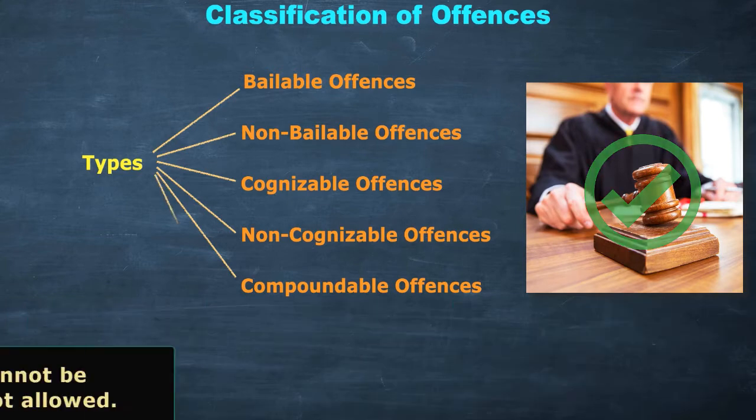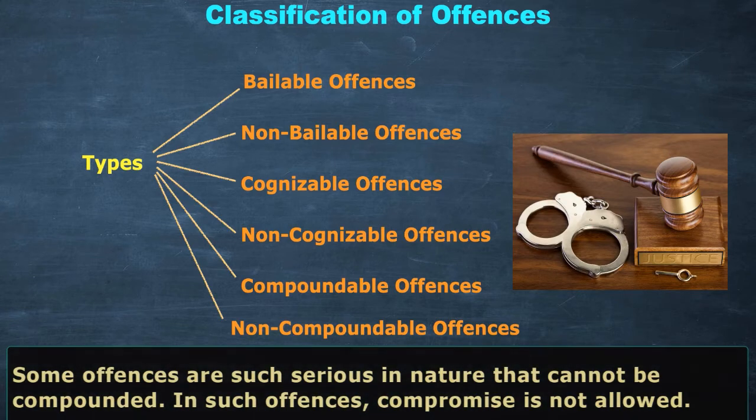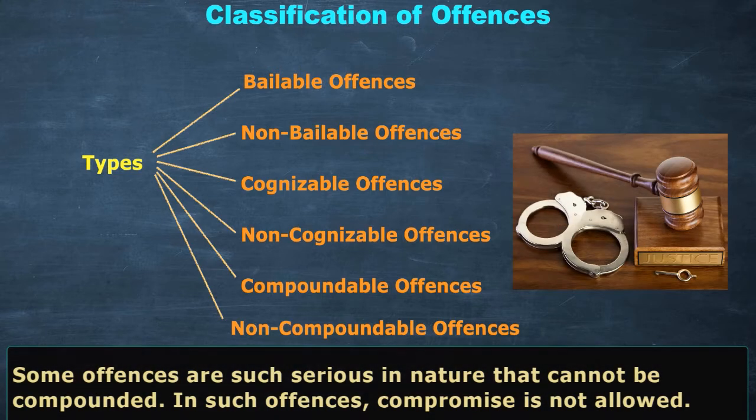And the last one is non-compoundable offense. Some offenses are so serious in nature that they cannot be compounded. In such offenses, compromise is not allowed. So only prosecution is allowed, okay, in such kinds of offenses, such as murder, rape, etc.